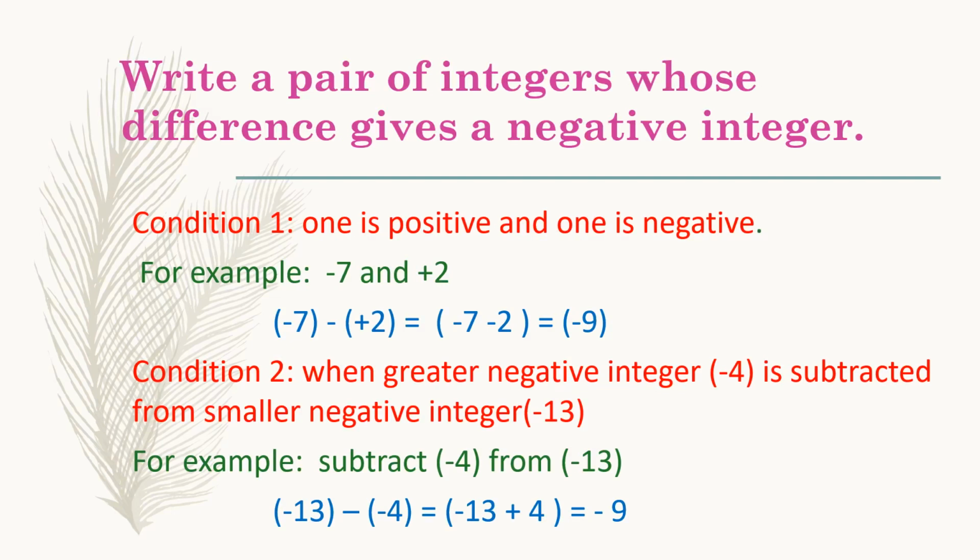In order to get minus 9, either we can subtract plus 2 from minus 7, and in the second condition we can subtract minus 4 from minus 13, and as we know minus 13 is a smaller negative integer and minus 4 is a greater negative integer.